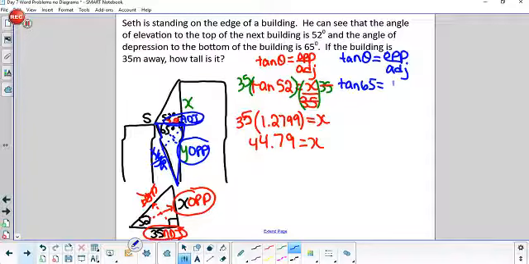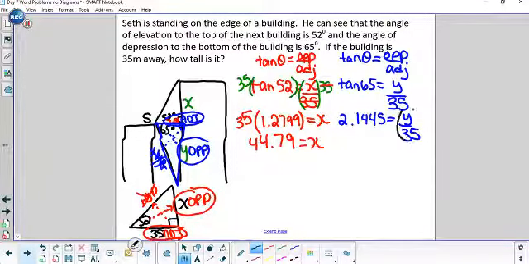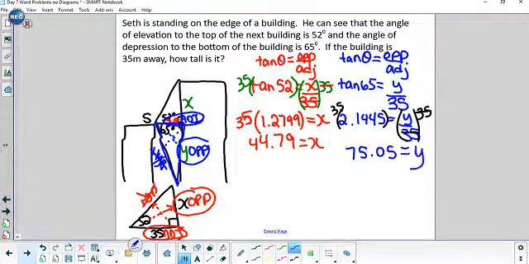The opposite side is Y. The adjacent is still 35. So we find tan 65, we get 2.1445 equals Y over 35. We want to multiply both sides by 35. So the 35s will cancel out. So we get 75.05 equals Y.